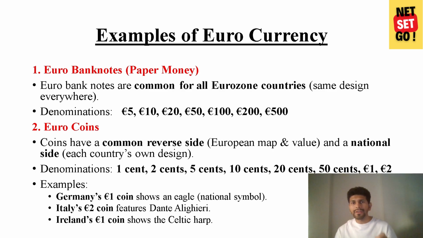Banknotes come in specific denominations like 5 euro, 10 euro, 20, 50, 100 euro, etc. And individual member countries have their own coins like 1 cent, 2 cent, 5 cent, 10 cent, 20 cent, etc. One side will be the value of the currency and the other side will be the national symbol.